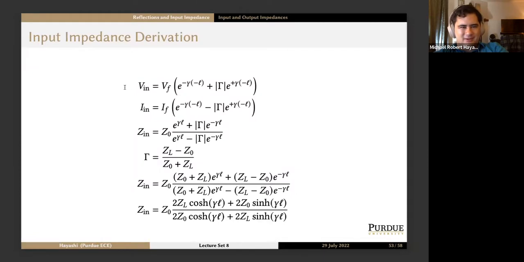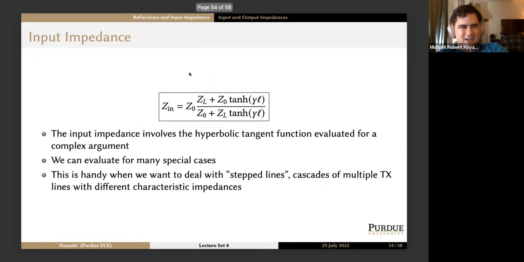I'm not going to bother deriving the input impedance because we're running short on time. But you work it out based off of the forward and backward waves traveling across the length negative L, and you get Zin is equal to the characteristic impedance times load impedance plus the characteristic impedance times hyperbolic tangent of complex gamma L, over Z0 plus ZL times hyperbolic tangent of complex gamma L. There are many special cases involved, and this is handy whenever you have stepped lines.